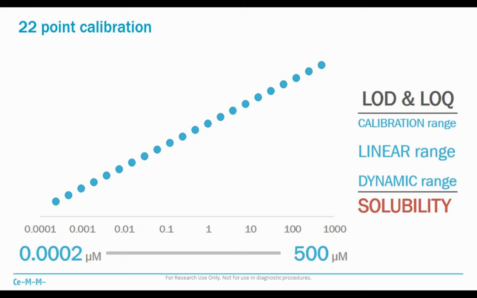We'd also get information about the linear range, meaning when the instrument response is still linear, and also about the dynamic range. And most importantly, we'd also learn a lot about solubility. There was certain information provided about some metabolites where they are soluble, but for some it was really trial and error. So we get a lot of valuable information from this one single experiment.